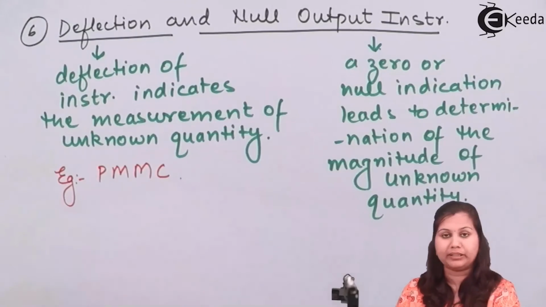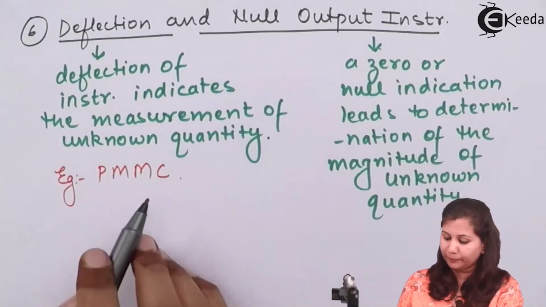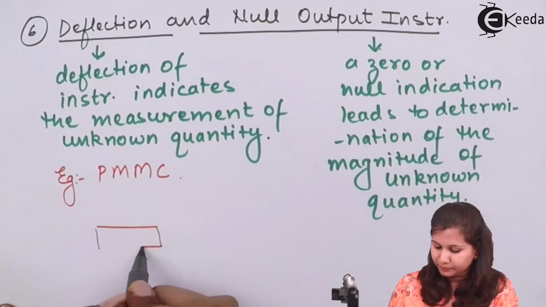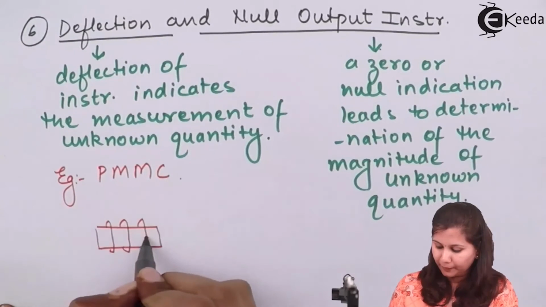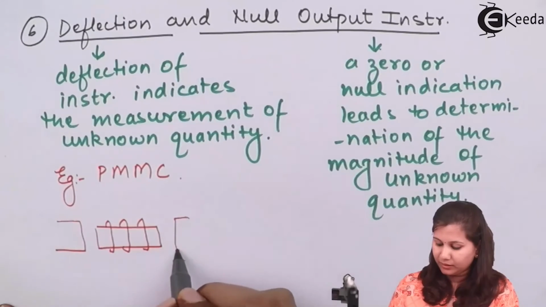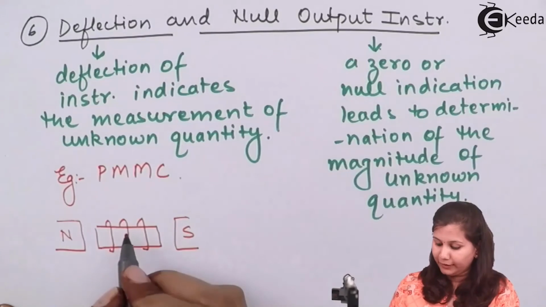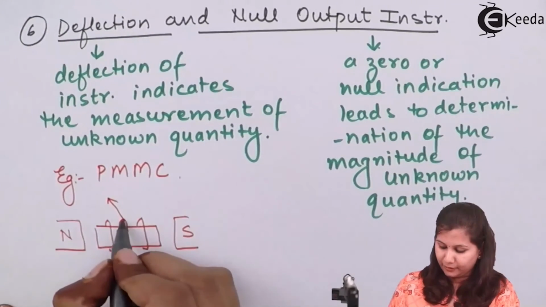So the example of a deflection instrument is the PMMC instrument, that is permanent magnet moving coil instrument. Here we will have a coil, and this coil is placed between the north and the south poles of the magnet, and to the coil a pointer is connected.